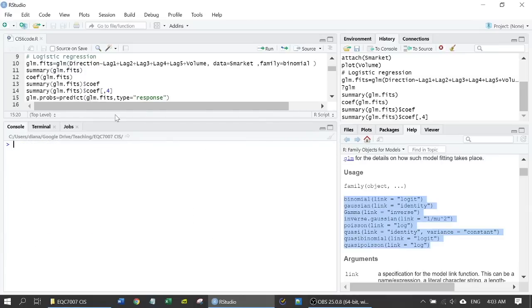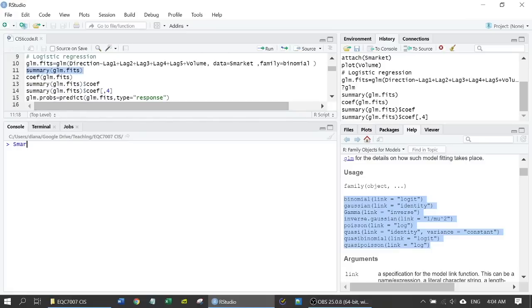Okay, so now we want to predict, using the predict function. We already have this model, which is obtained from the glm function, and we saved it into glm.fits, and we have already looked at the model using summary of glm.fits. Now we want to predict.